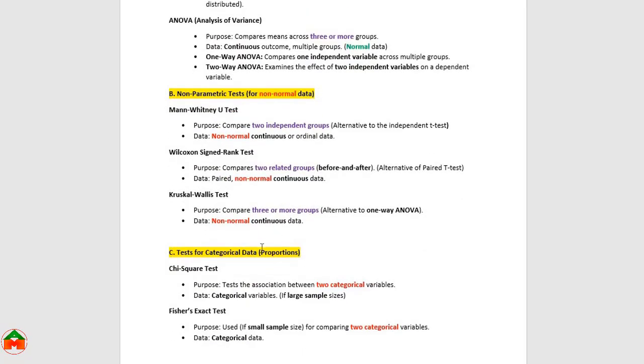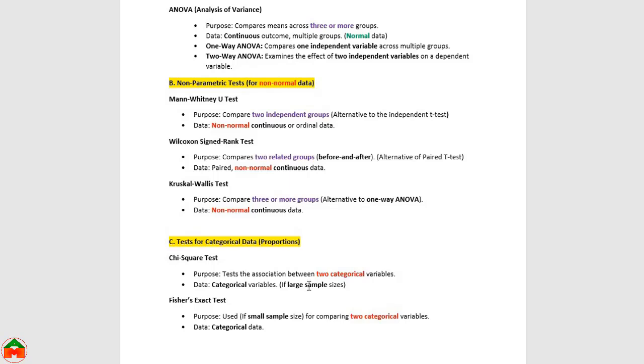But whenever you are dealing with the data of categorical variables, then you can apply the chi-square test and Fisher's exact test. But normally we apply the chi-square test whenever the data is categorical and large sample size. And if the sample size is small, then you can apply the Fisher's exact test whenever you are comparing the two categorical variables.